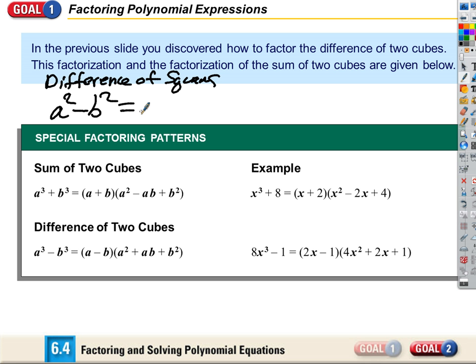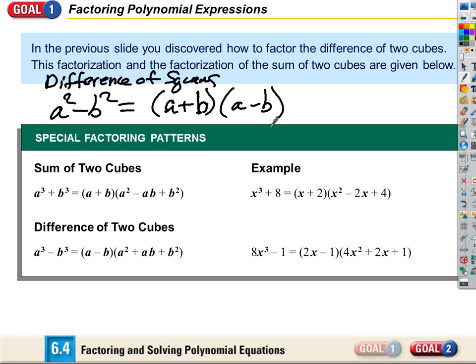Because we were able to solve these by isolating x instead, so we really never factored them. But do you remember us saying that a squared minus b squared factored into a plus b times what? A minus b. Difference of squares always factored into a plus b times a minus b.